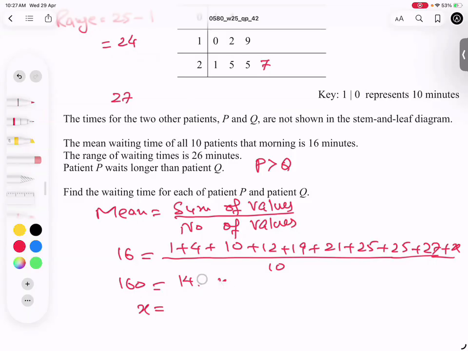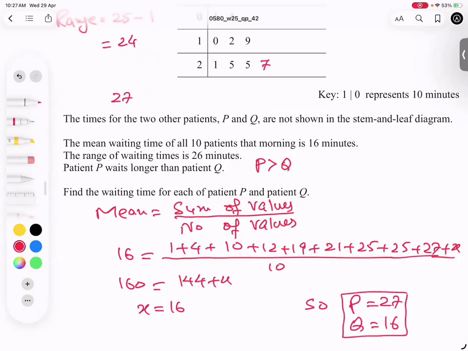So this is 144. Now from 160, if I subtract this number, I get 16. Now the first value we got is 27 and the second is 16, because P is more. So naturally it's the P value. So we can say that the P value is 27 and the Q value is 16. I hope the concept of the question is very clear.